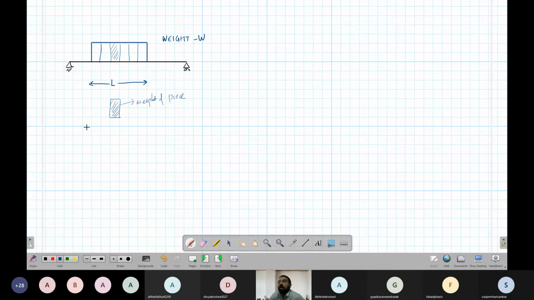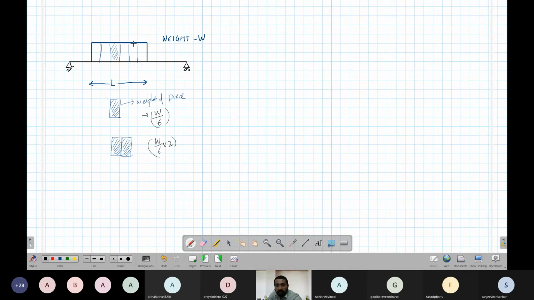The total weight is W, so in terms of W, it is 1 by 6 of W, that is W by 6. What about 2 pieces? W by 3. So 2 pieces is W by 6 into 2.